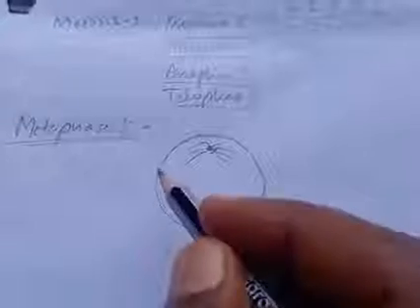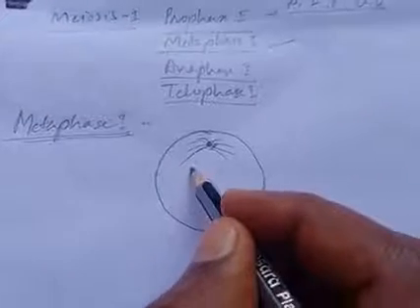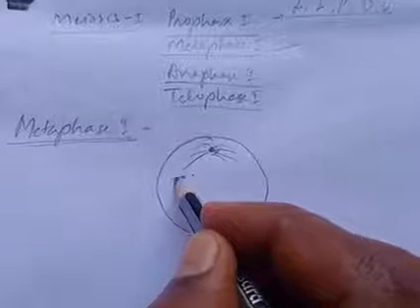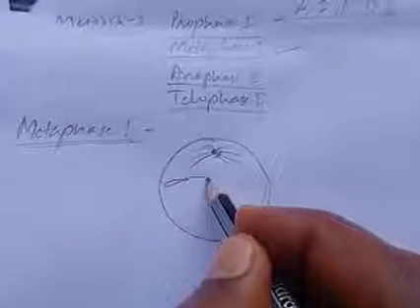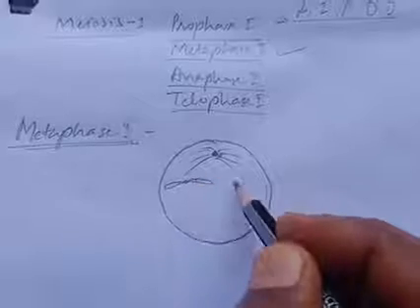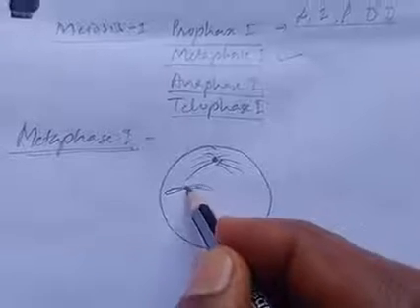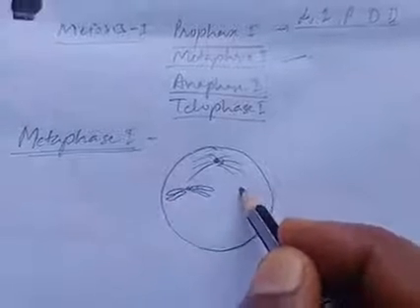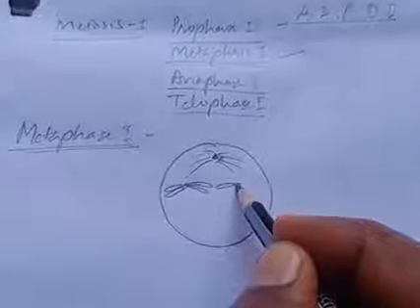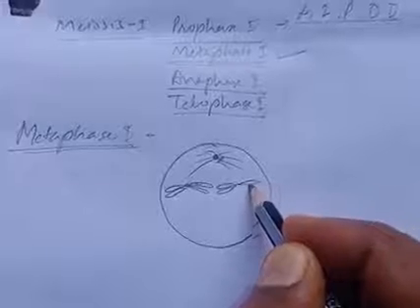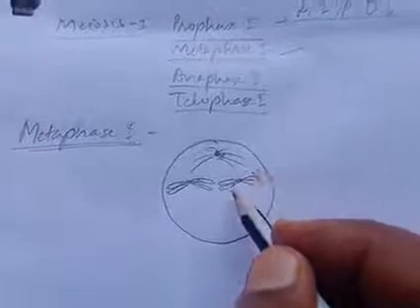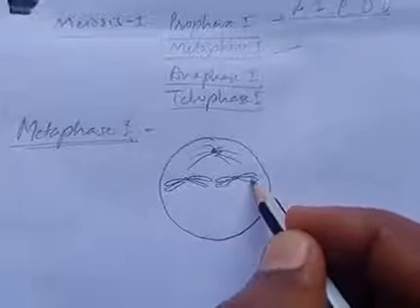And in the metaphase what happened? There are chromosomes, the homologous chromosomes, and they appear like this. In the equator they are arranged, and the exchange of genetic material takes place.